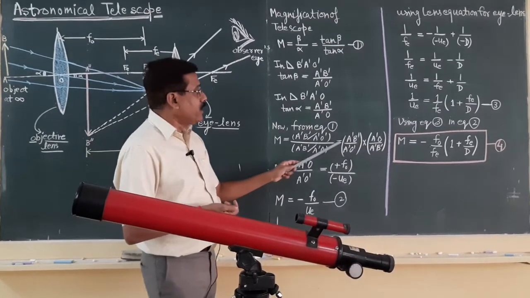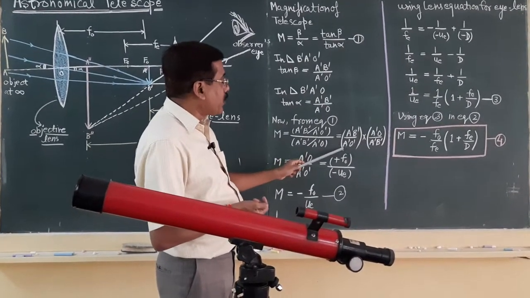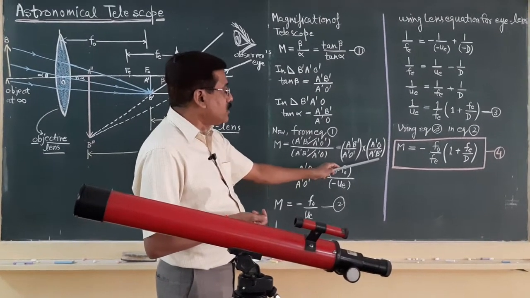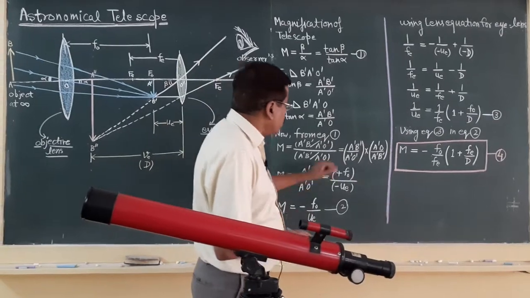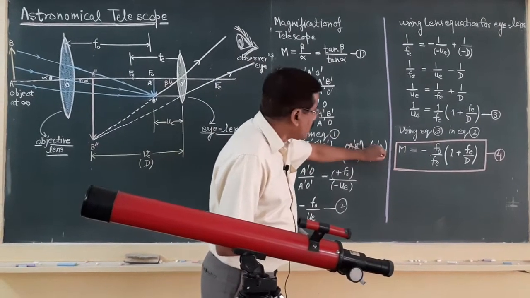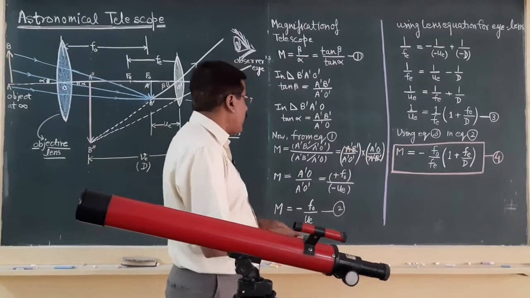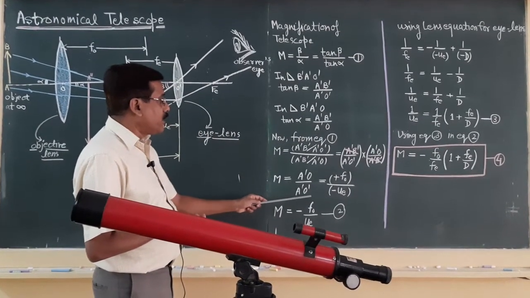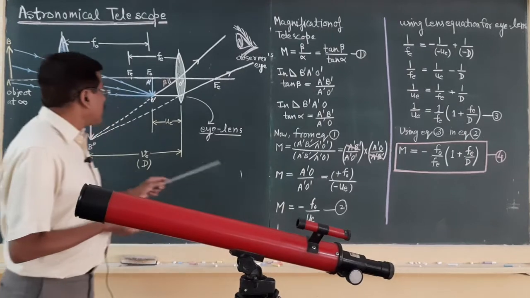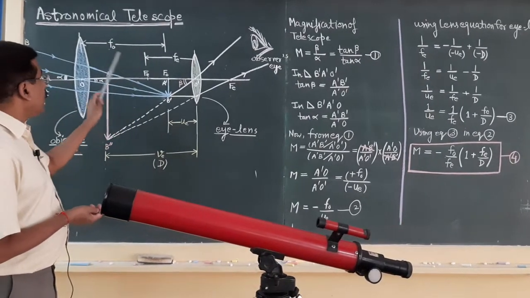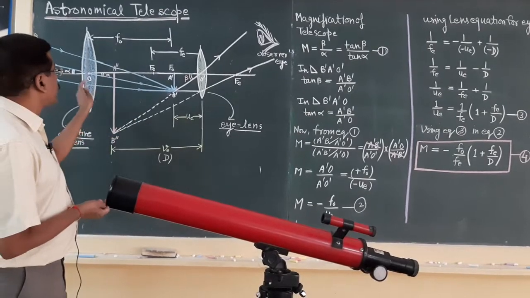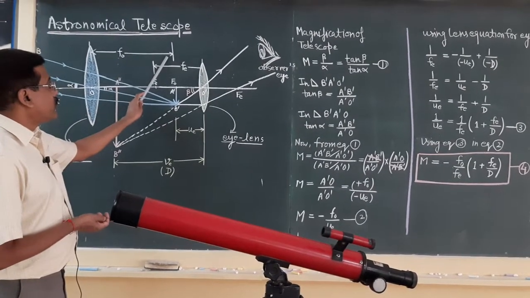When you simplify, it is A'B' upon A'O' into A'O upon A'B', and you see this A'B' cancels out. So we have m equal to A'O upon A'O'. What is A'O? A'O is the focal length of the objective lens.